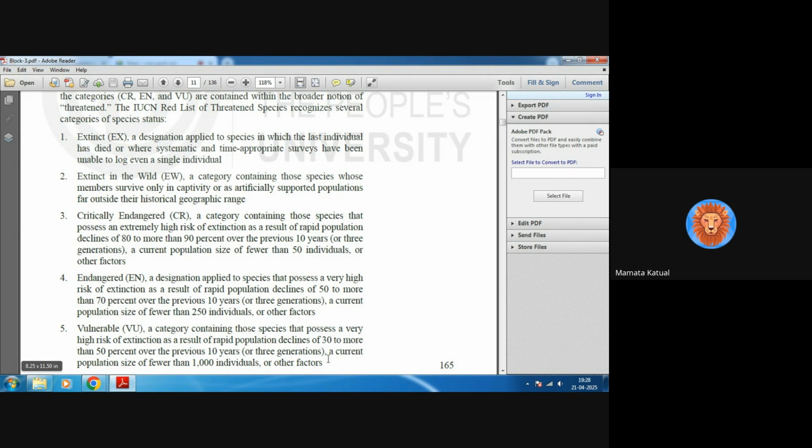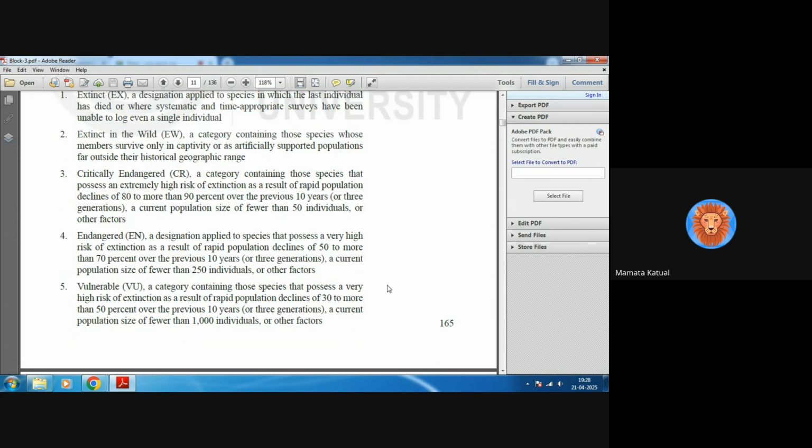Then endangered. If the population decreases 50 to more than 70% within 10 years. If in 10 years it declines 80% to more than 90%, then it is critically endangered. If it declines 50 to more than 70%, then it is endangered.